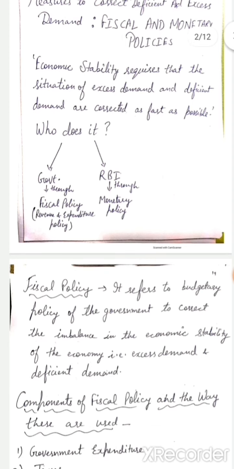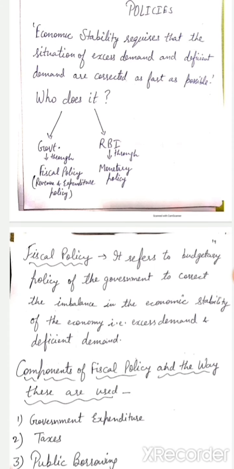Economic stability requires that the situations of excess demand and deficit demand are corrected as fast as possible because they are not good for our economic stability. Now the question arises, who does it?